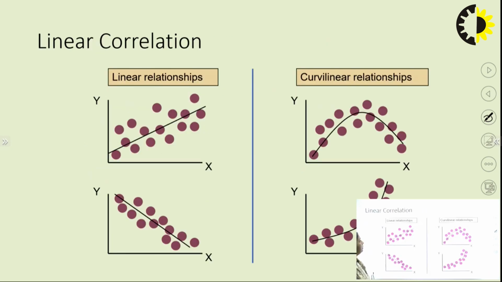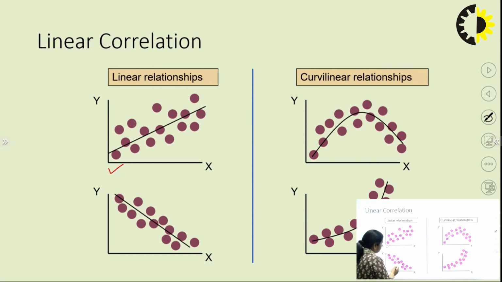When we are talking about correlation, it is shown on this particular slide, that this is a linear correlation, a linear relationship. If we see this particular diagram, when x is increasing, y is increasing. So this is positive correlation.